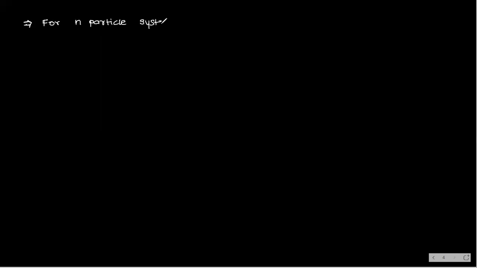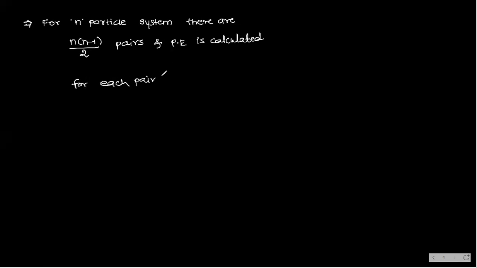For n particle system, there are n into n minus 1 by 2 pairs and potential energy is calculated for each pair and added.